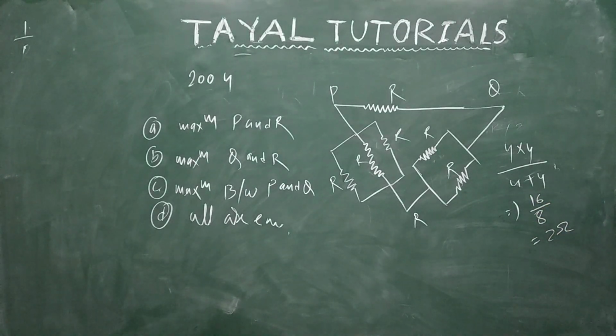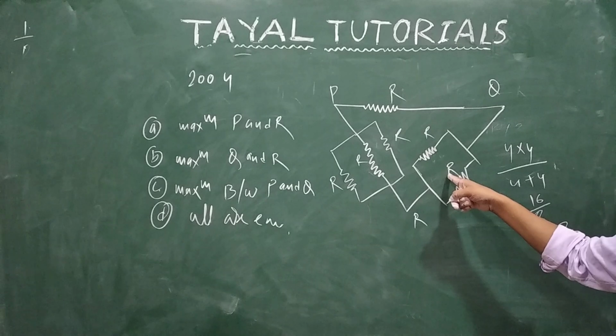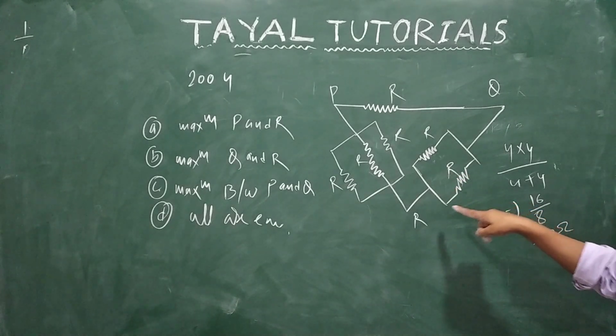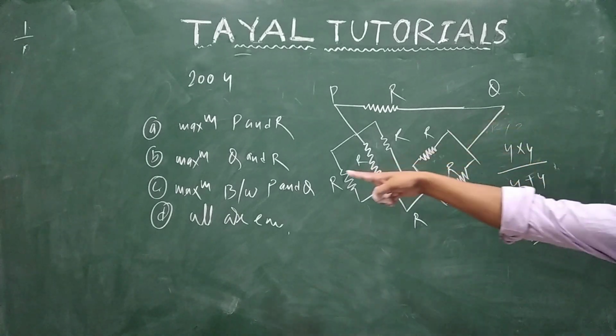So the parallel combination will result in less than the value of that resistance. So these two will be less than R. So option B, Q to R, will be eliminated very easily.